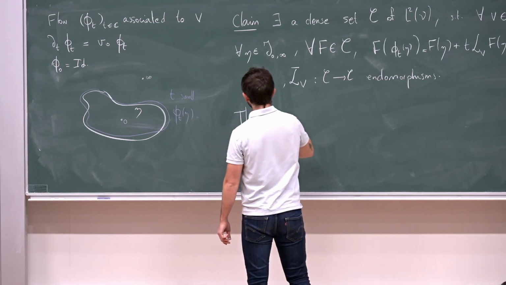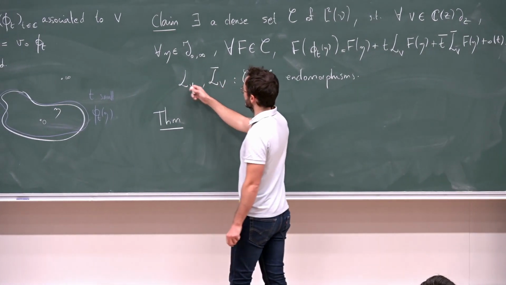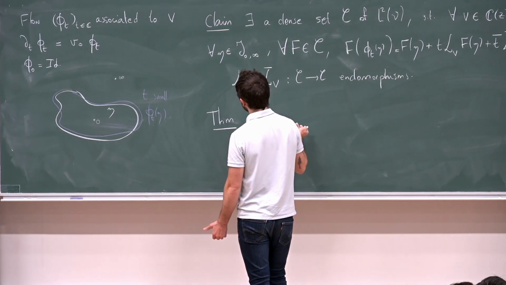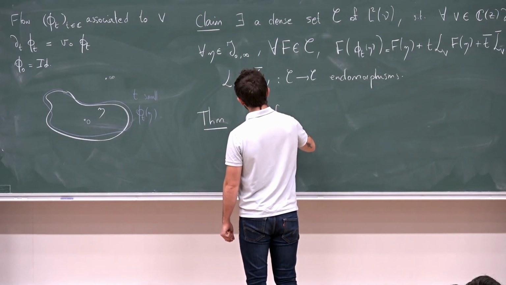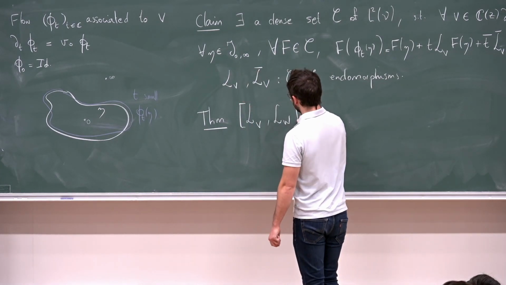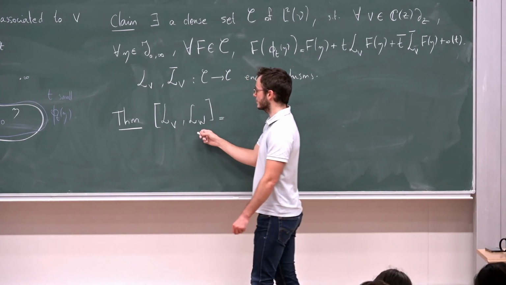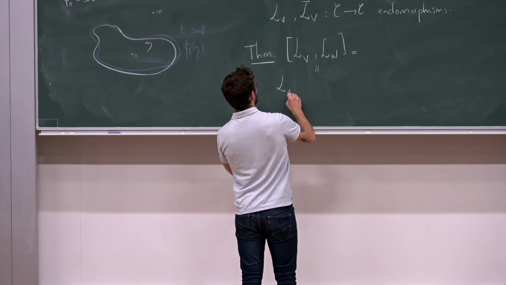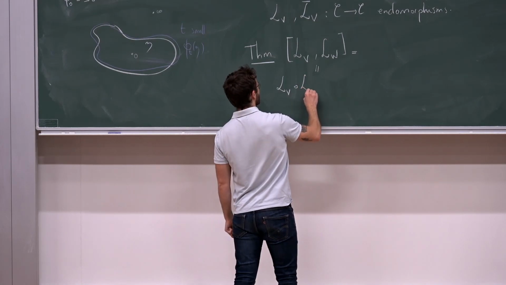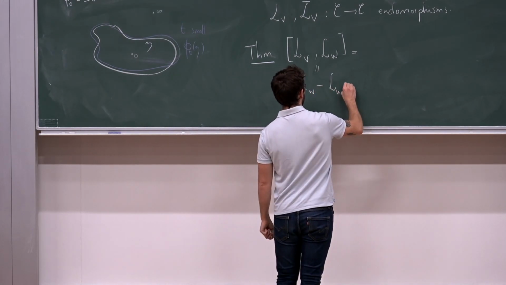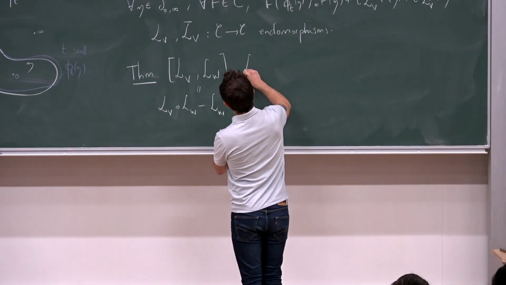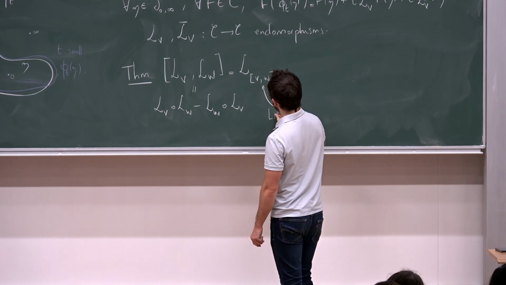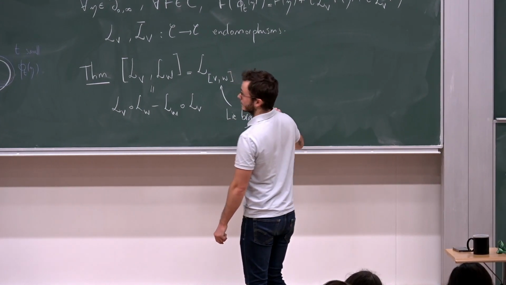The theorem is that these are two commuting representations of my Virasoro algebra. Concretely, I take two vector fields V and W, and the commutator, which is L_V composed with L_W minus the opposite, is equal to L of the bracket of V and W, where this time this is the Lie bracket that I defined over there.